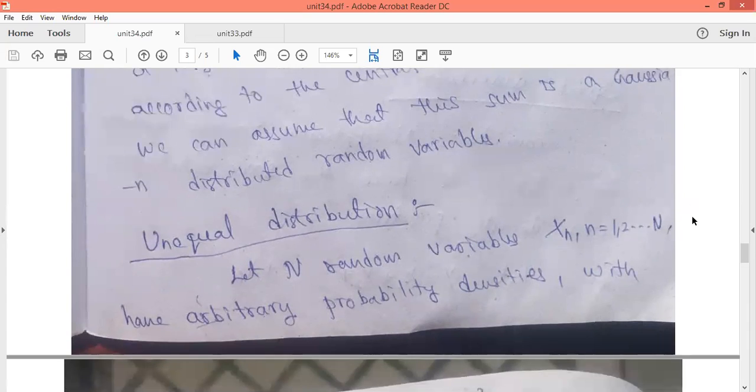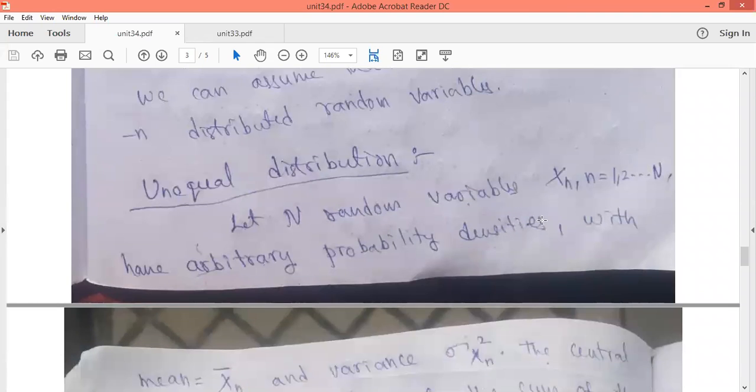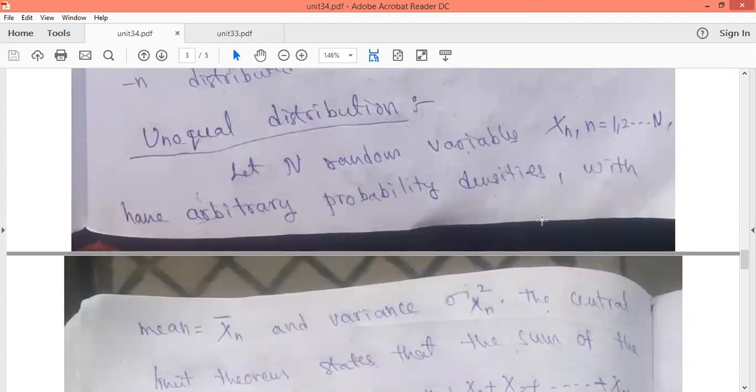And here we have two cases. The first case is unequal distributions. Here we are taking n random variables, Xn, for n equal to 1 to capital N, that have arbitrary probability densities.